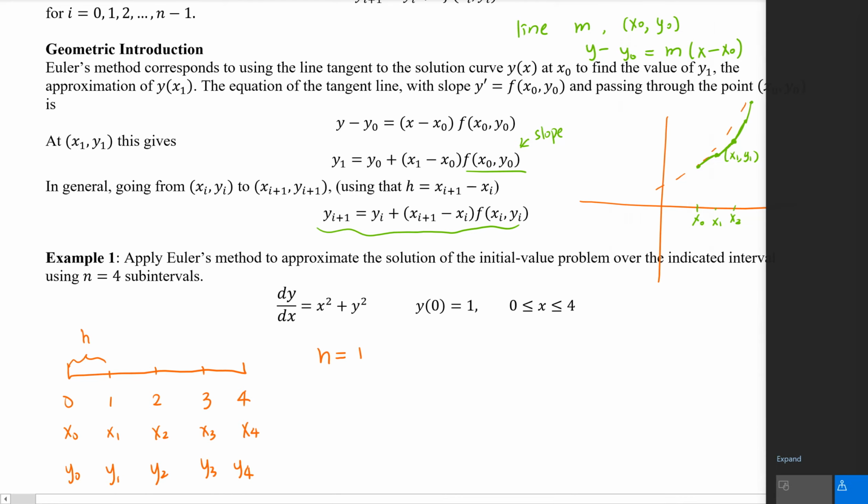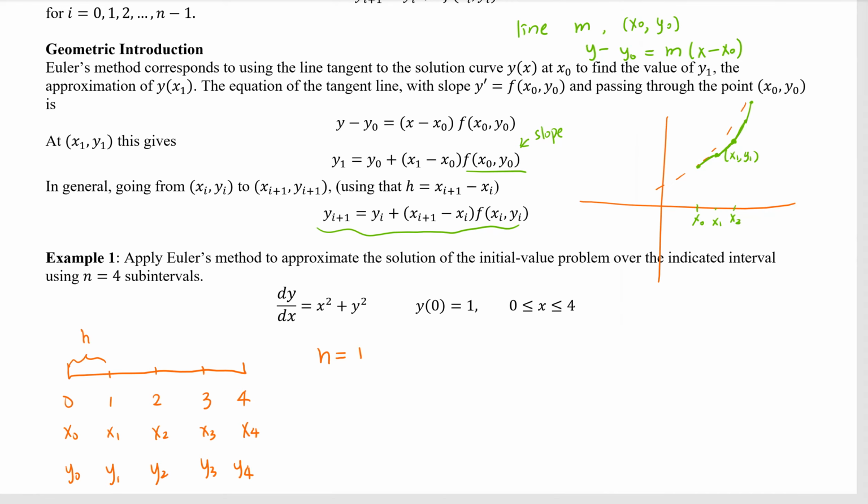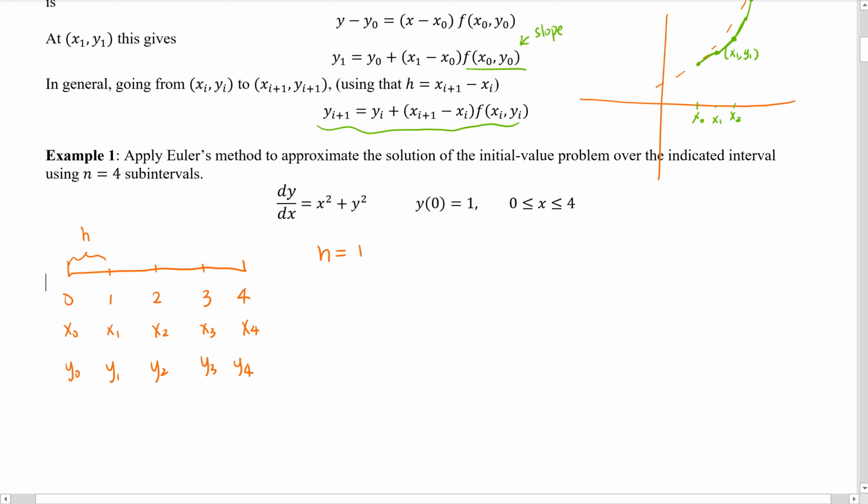And what formula do we use? So here, we want to use the formula y i plus 1 equals yi plus, x i plus 1 minus xi is h, and then f of xi, yi.